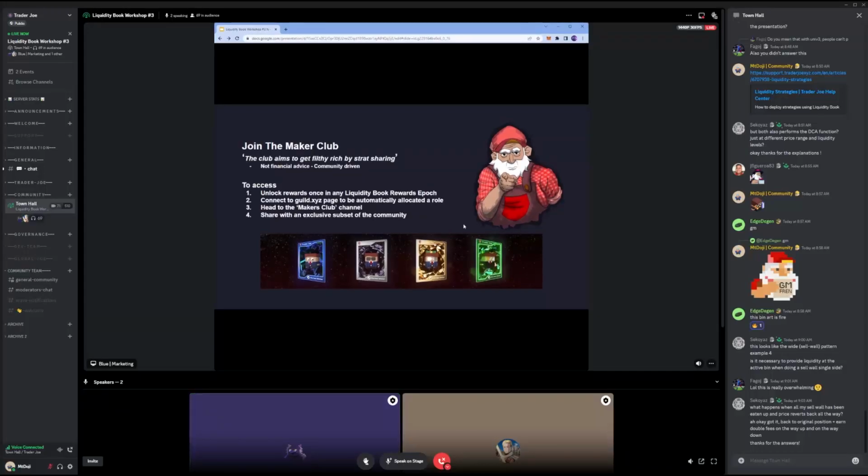Each epoch that we put up, you as a liquidity provider can participate by providing liquidity into the reward pools. Each liquidity pool that has a rewards tag on it is a tracked liquidity pool where we're measuring your maker score. Your maker score is determined by how much fees you're earning within that pool.